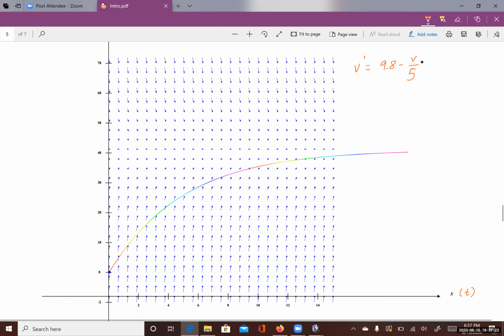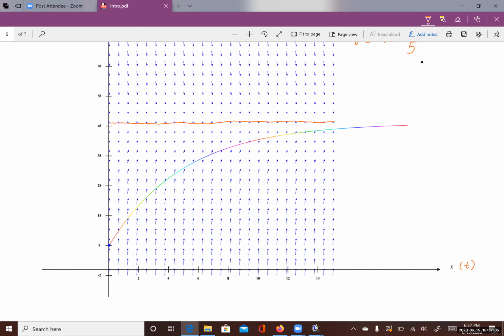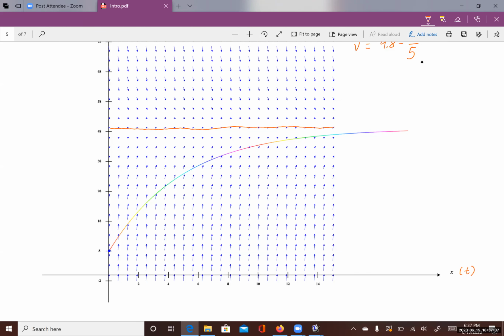Along the line v equals 49 right here, you have horizontal slope vectors, and you have negative slope right here, and positive slope right here.